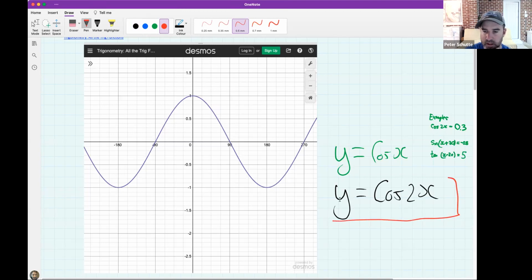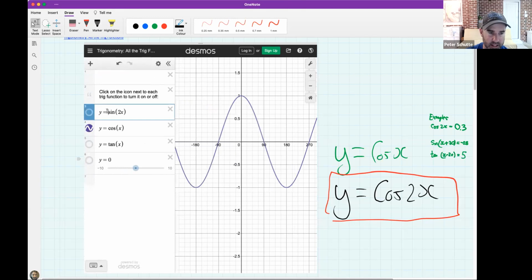I want you to predict in the chat what's going to happen, and then I'll show you. So how does the graph of y equals cos 2x differ? Okay, so it actually won't go up.